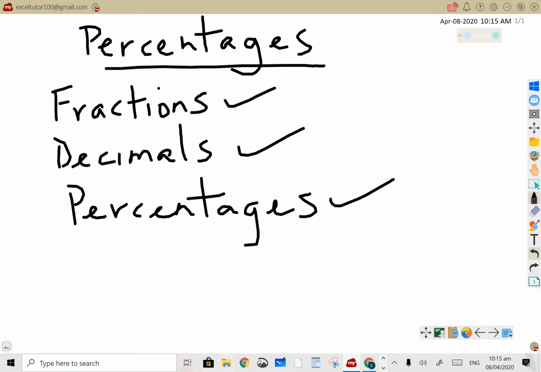Alright, now percentages, it is to note as well that percentages is basically also similar to a fraction because it is a part of something as well.